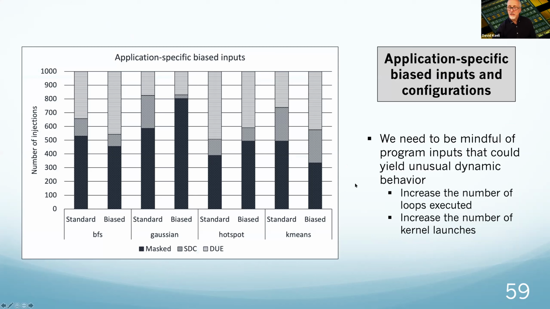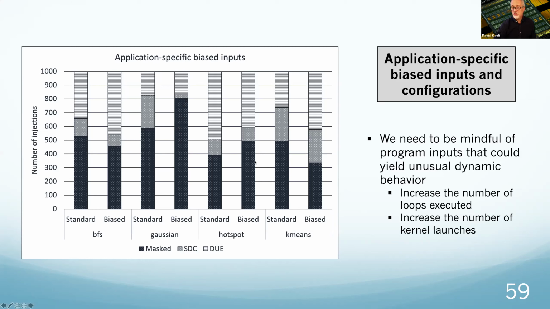And we see that for standard and biased, we see a more significant shift. Here we see significant change in terms of the SDCs. With biased, fewer SDCs, more masked, and about the same DUEs.